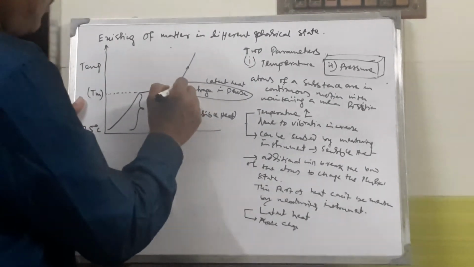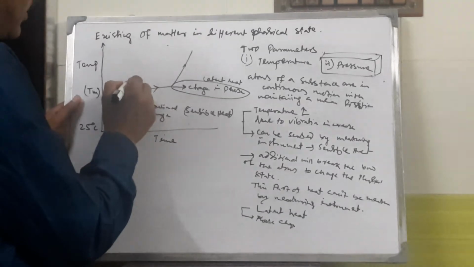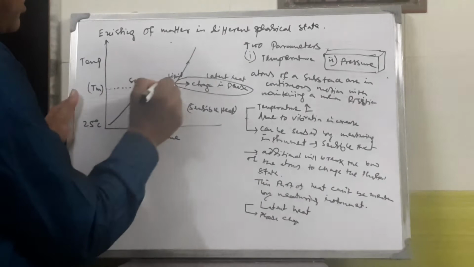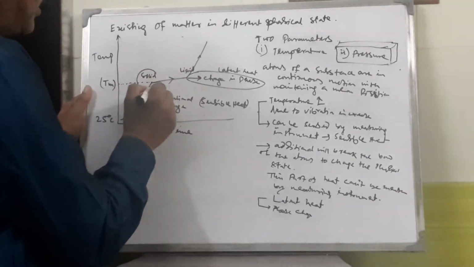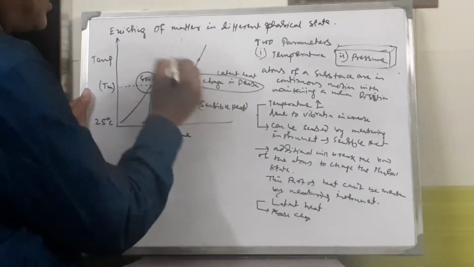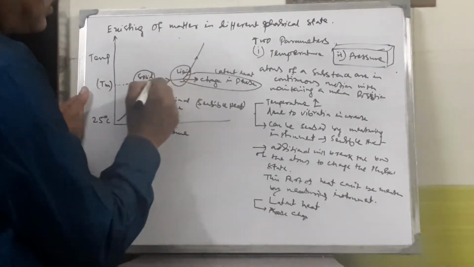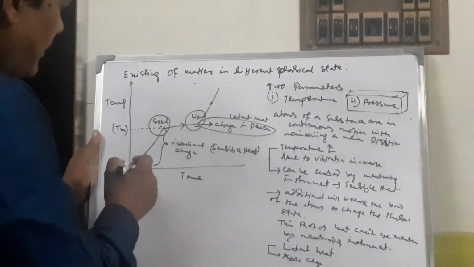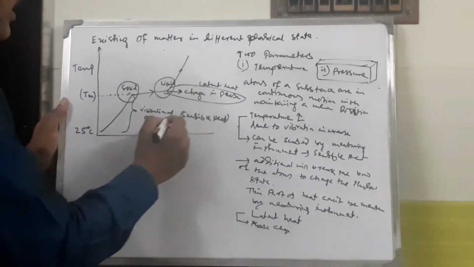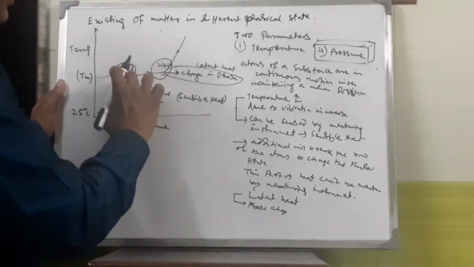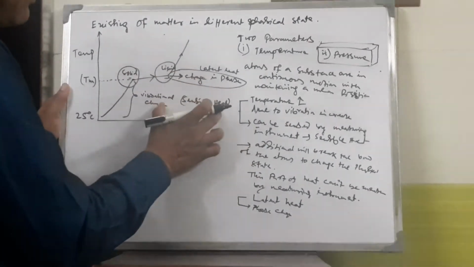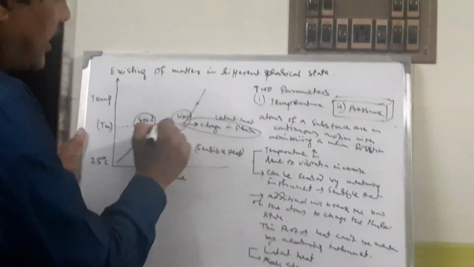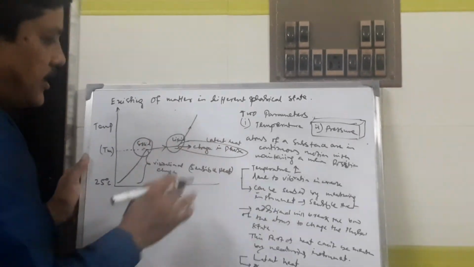And once it has completely converted to liquid, this is solid at melting temperature, and this is liquid at melting temperature, and this difference in heat content is only latent heat content. So this vibrational energy change is measurable, sensible heat, and this temperature change can be measured by thermometer, and the latent heat cannot be measured because it is not related to change in temperature, it is related to phase change.